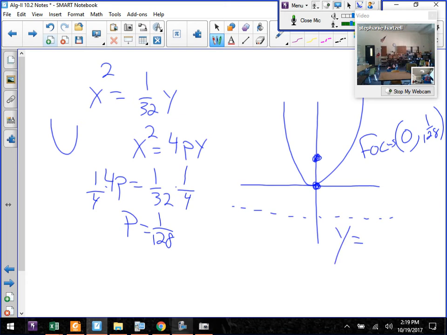Y equals negative 1/128. Because remember, this distance and that distance is the same. I don't care if it's a fraction, and that's why I was saying, don't freak out. Who cares? You're just rough sketching it. It doesn't matter your scale, guys. What we're looking at doing here is, can we identify the parts and label it? And that's the point.